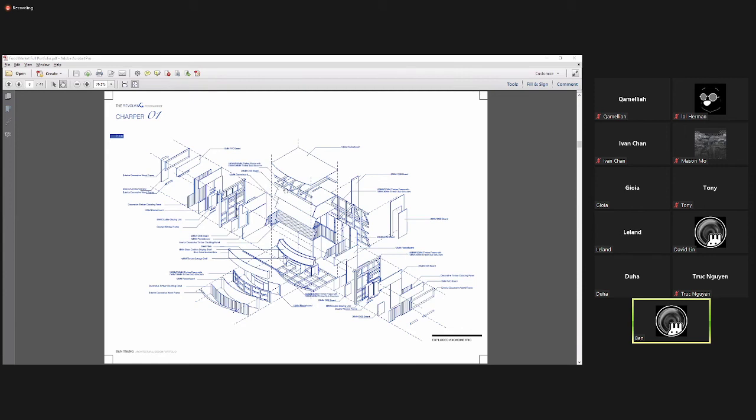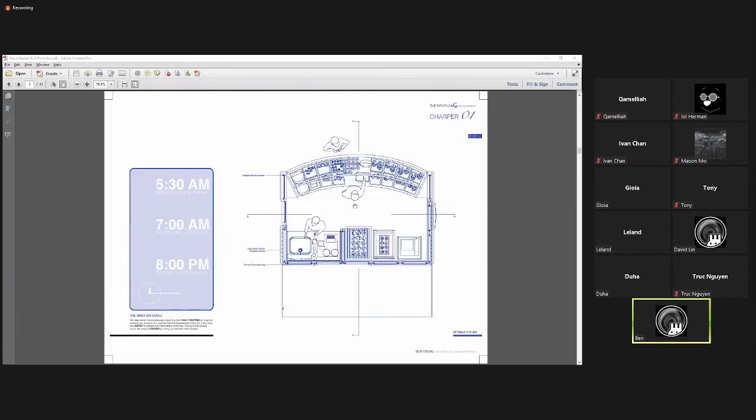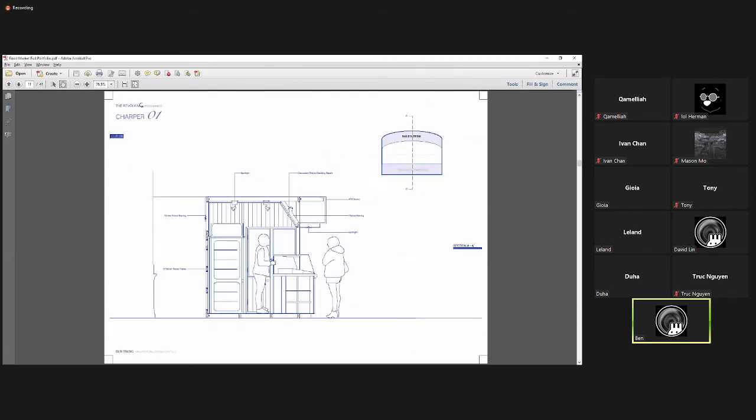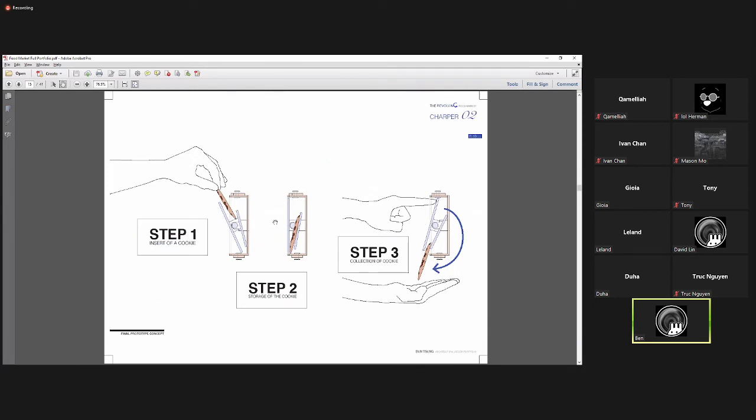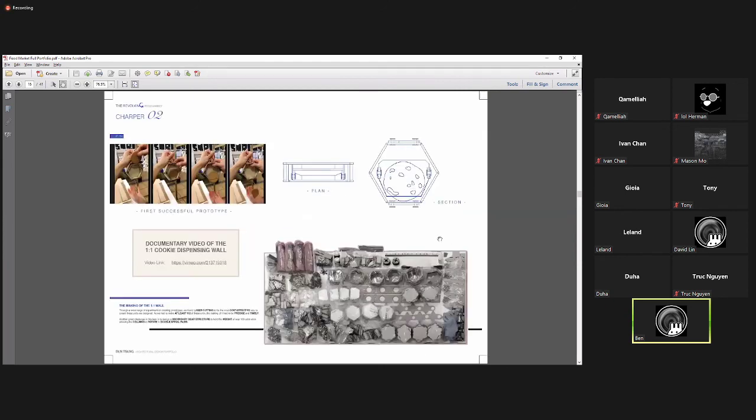So I started off by studying all the components in a food stall, and then analyzing how they use the stalls. Then we started developing from the smallest kind of cladding, and each of the cladding becomes a cookie dispensing unit. Every time you push it, a cookie comes out.